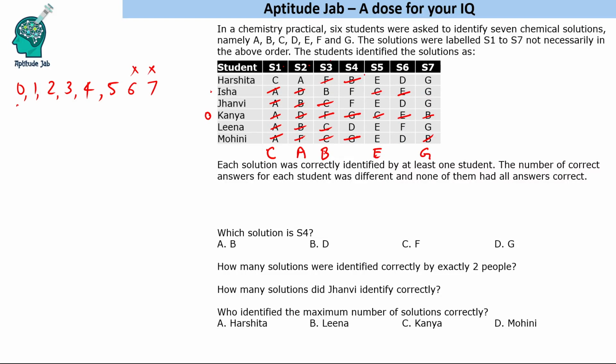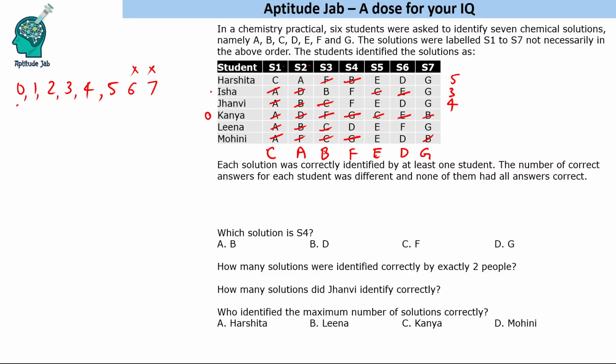But now if you see this, this is C, A. One of them has to be D and F. Okay, so let us say we take F and D and count the correct responses. 1, 2, 3, 4, 5 correct responses. 1, 2, 3 correct responses. 1, 2, 3, 4 correct responses. 0.